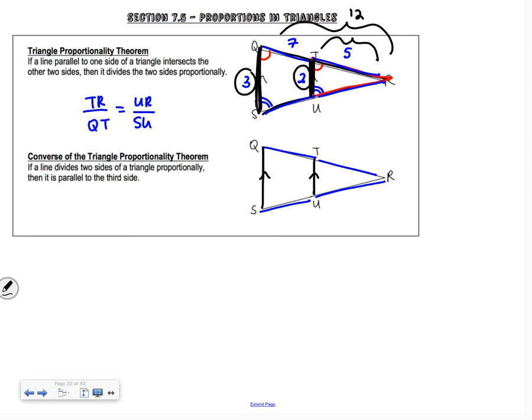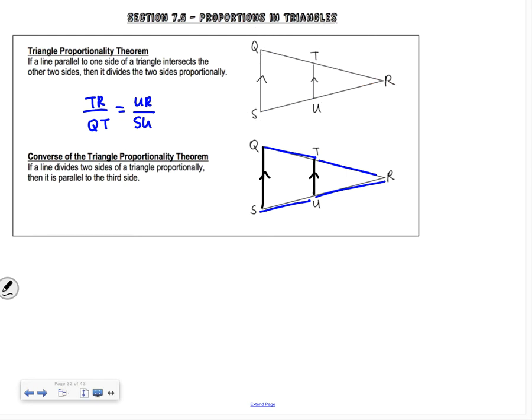The only reason the proportional sides works the way it does is because of that theorem where we had 1 over 2 equals 3 over 6 is the same as 1 plus 2 over 2 equals 3 plus 6 over 6.